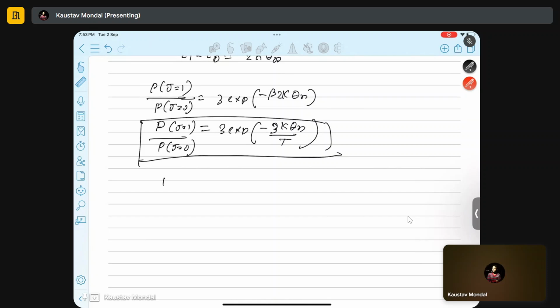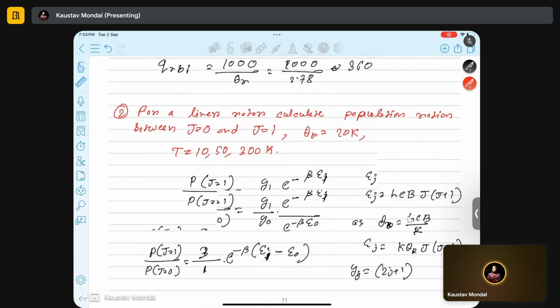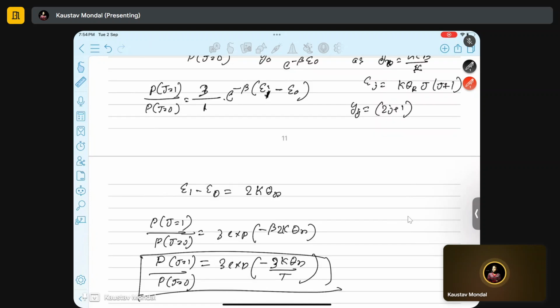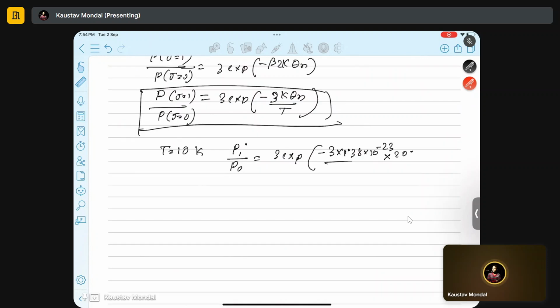So for T equal to 10 Kelvin, P1 by P0 would be 3 into exponential minus, k is the Boltzmann constant 1.38 into 10 to the power minus 23, into theta, theta value is given, that is 20 Kelvin, by 100.